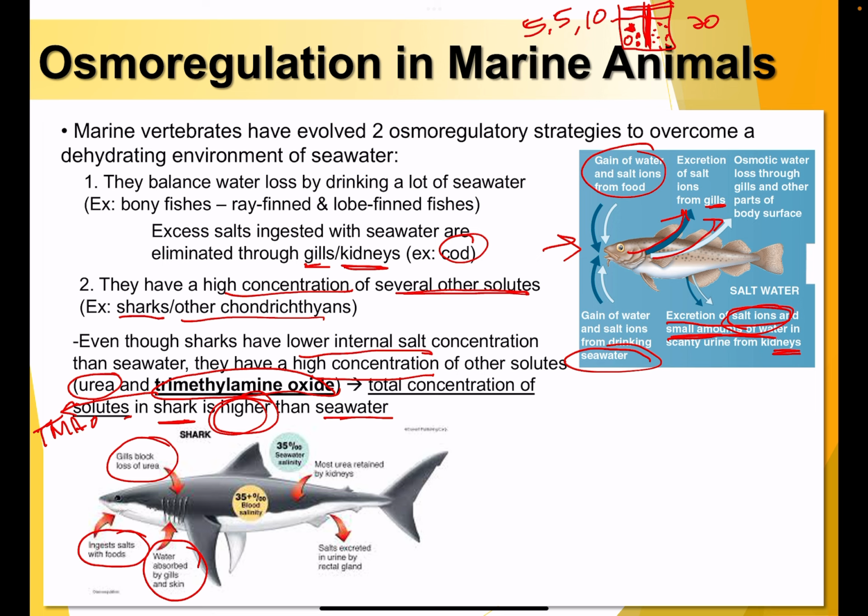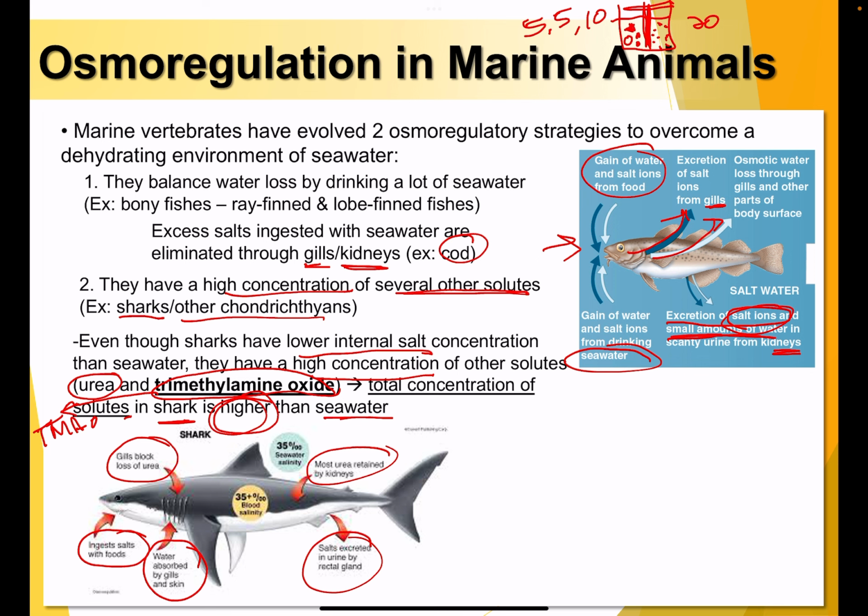So that's why water tends to be gained into the animal. All right. So most of the urea is retained by the kidneys. So whatever little salt they have ingested will be excreted in urine by the rectal gland.